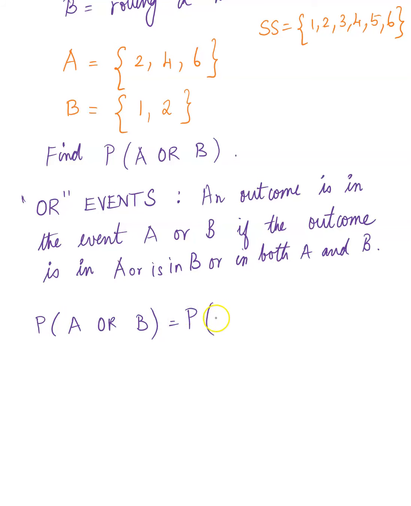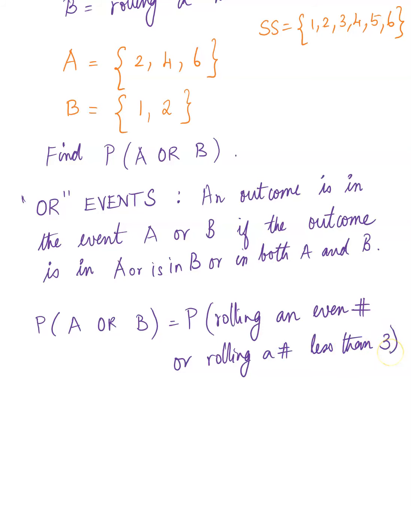So the probability of A or B is the probability of rolling an even number or rolling a number less than 3. Think of this just intuitively. What does this mean? It means that we're okay getting either an even number or a number less than 3, or both, because if you see even number and a number less than 3, 2 matches in both cases, right? So you can find that common value in both A and B, so it doesn't matter.